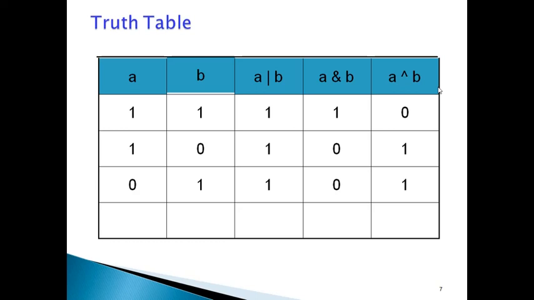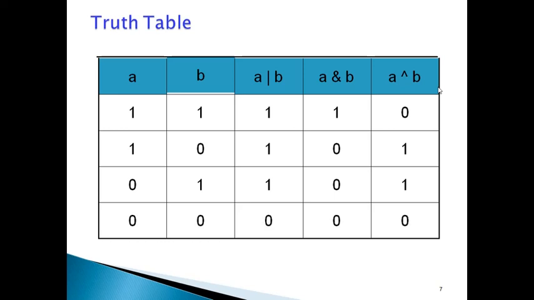Third row, A equals 0, B equals 1. If you perform OR operation, you will get 1. If you perform AND operation, you will get 0. If you perform exclusive OR operation, you will get the result 1.